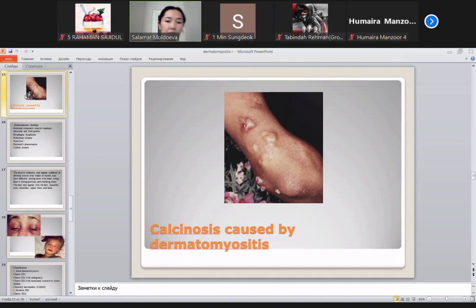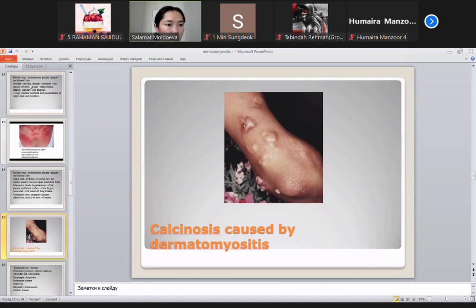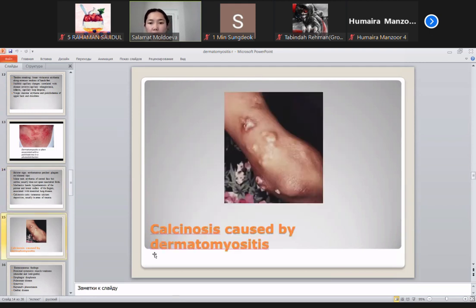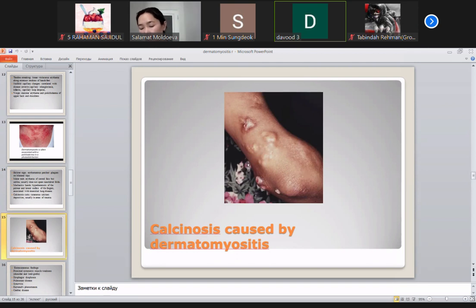We find calcinosis everywhere, but mainly we will find calcinosis on the skin in a region where there was trauma. Trauma, yes, mainly in areas where there was trauma. In burns also, ma'am. Yes, in burns, it's also a type of trauma. Yes, why not?